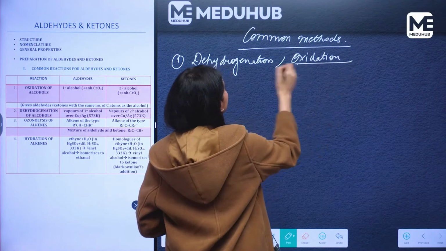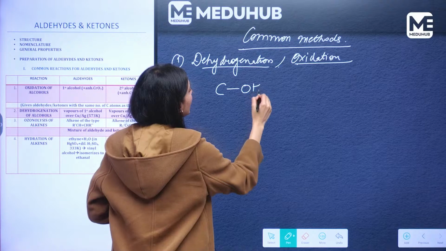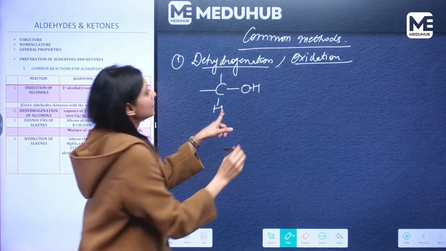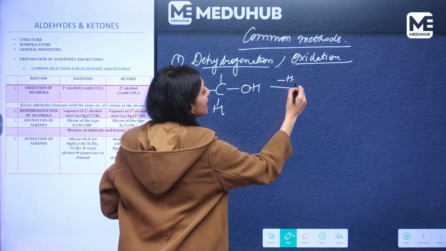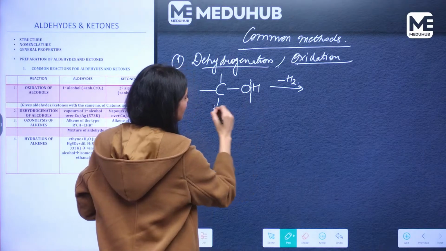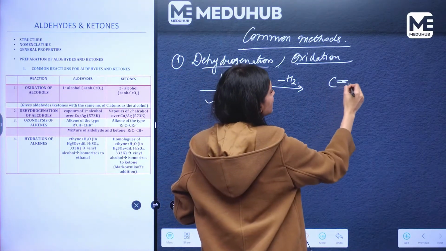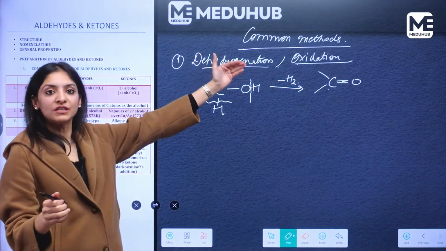Basically in this reaction, we have an alcohol which loses a dihydrogen from here and from here to give us a carbonyl compound. So the first is dehydrogenation or oxidation of alcohols.